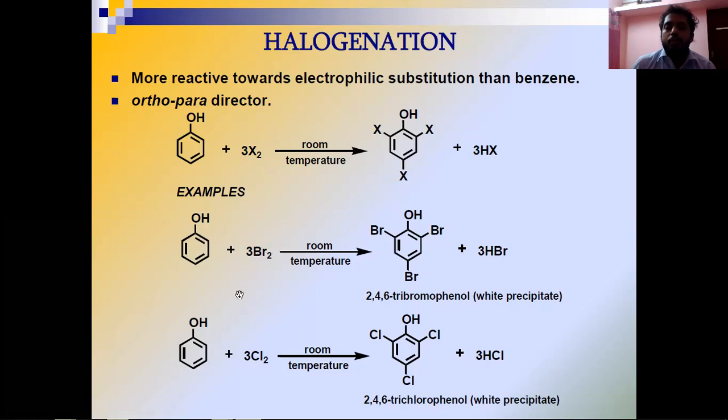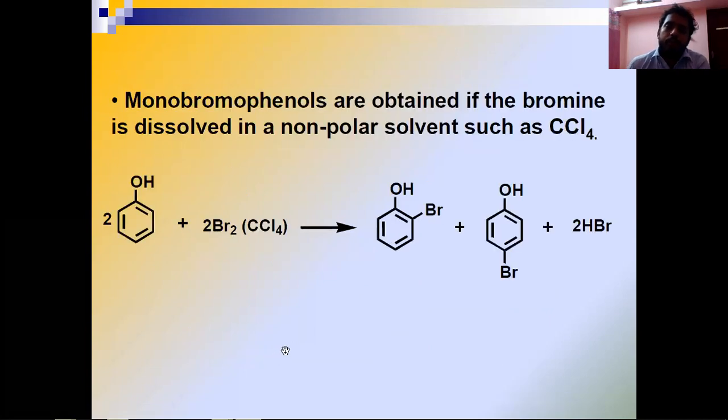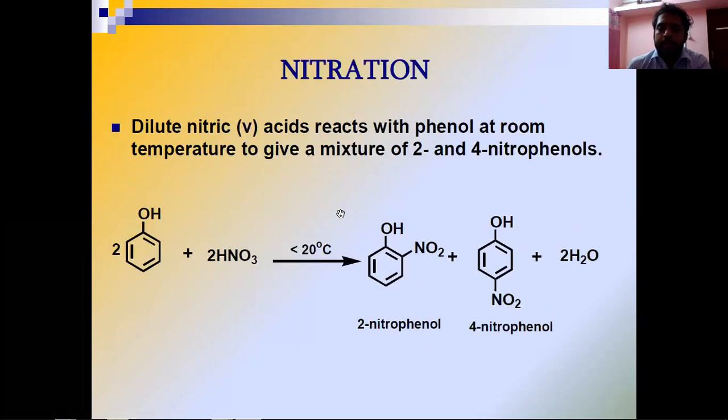Now the second molecule of Br2 attacks this position, and one hydrogen and bromine are eliminated as a second molecule, and that bromine atom will be attached to this position. A similar reaction occurs at this position also to form 2,4,6-tribromophenol. Similar is the reaction with chlorine as well. So this is another example.